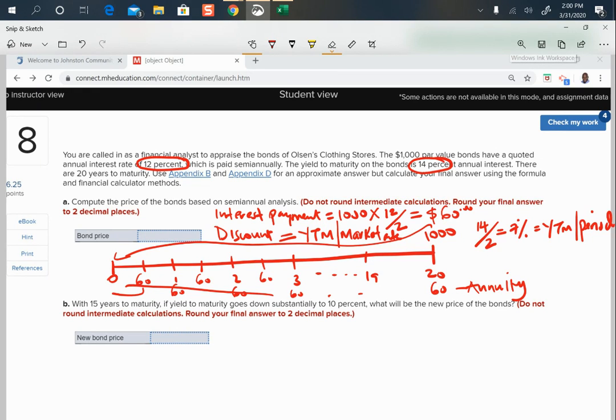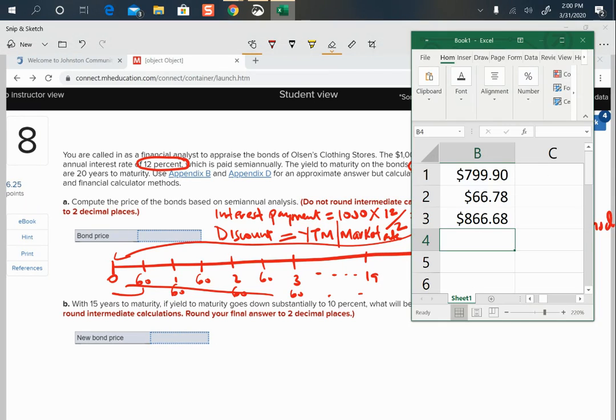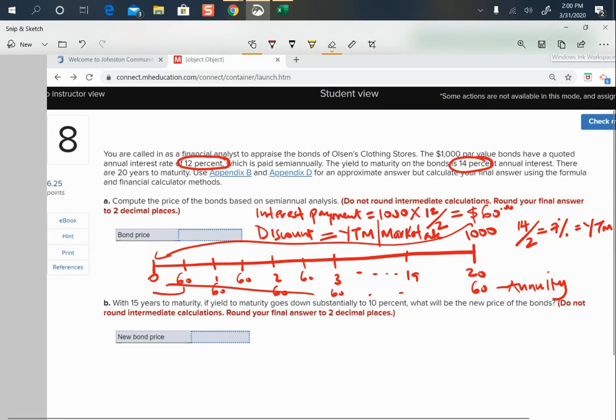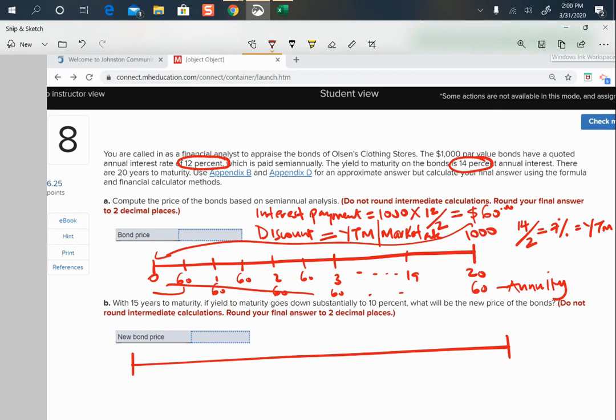Again, in the same example, if we just put it in Excel, remember what is happening is this. If you have 15 years to go, the only thing that is changing in this equation is the yield to maturity. Everything else is the same as we just saw before. You still have 60 payments every 6 months, so that will remain the same.